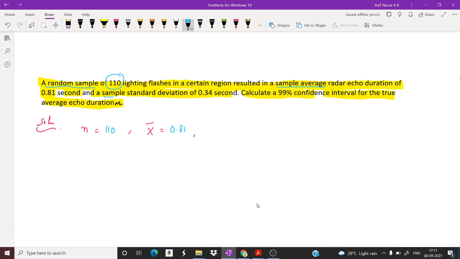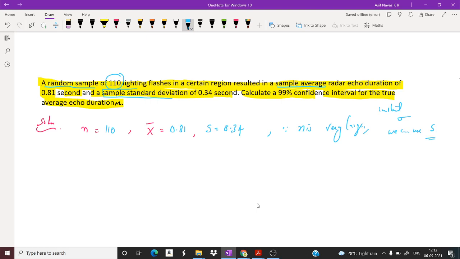Here the population standard deviation is not given, but the sample standard deviation S is given. Since n is very large, because 110 is very large, instead of population sigma we can use S, the sample standard deviation.